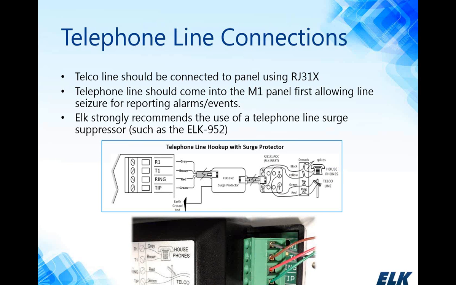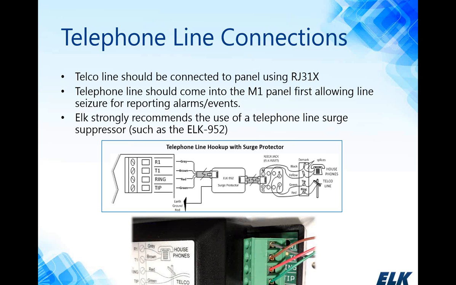All right, in the very upper right-hand corner of the M1 board is your telephone line connection. This is normally connected to an RJ31X. It's very important to make sure that the incoming phone line connects to the M1 first before it connects to the house phones downstream, for proper line seizure and for reporting alarms and events.